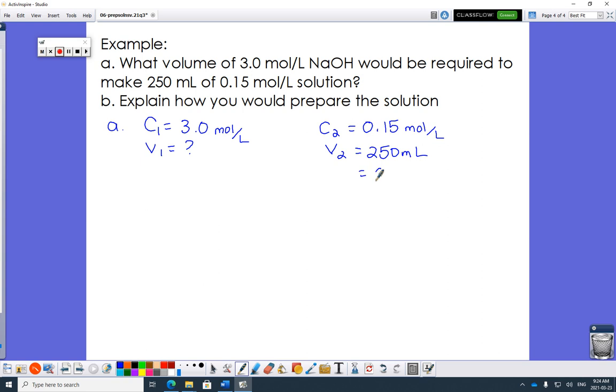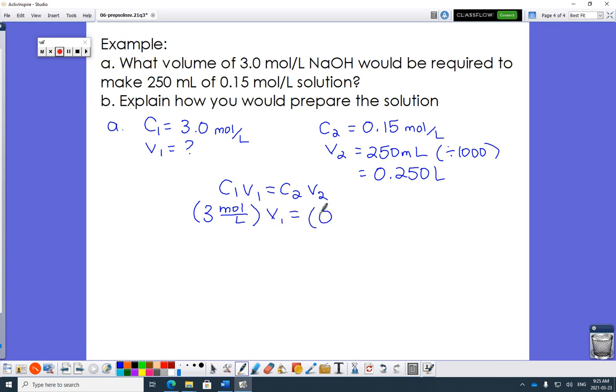So same thing, change it into liters, showing your work or not. Maybe you're going to be used to this. Same thing as before, you need to have 3 out of the 4 variables.